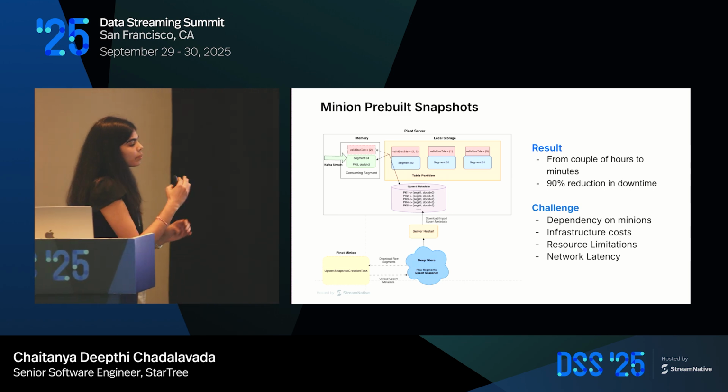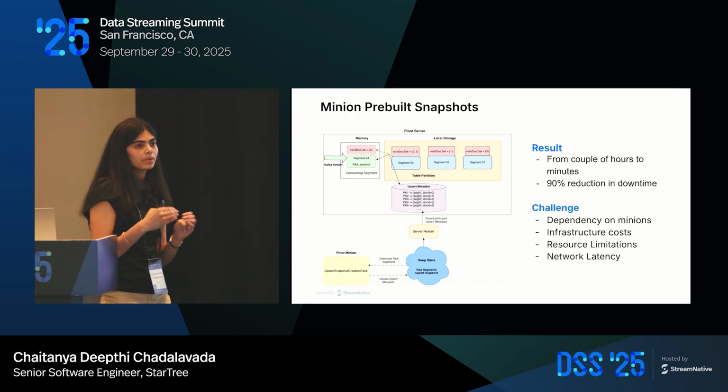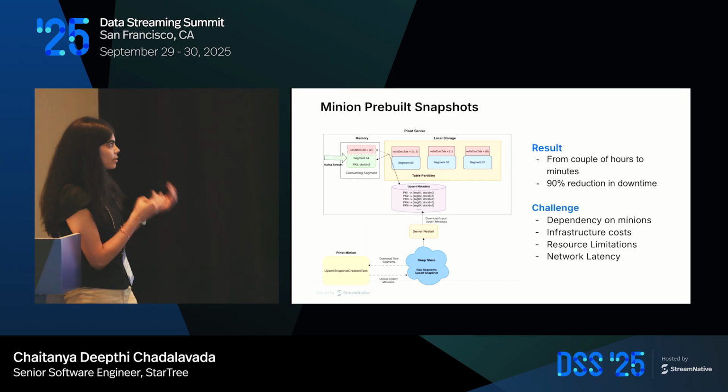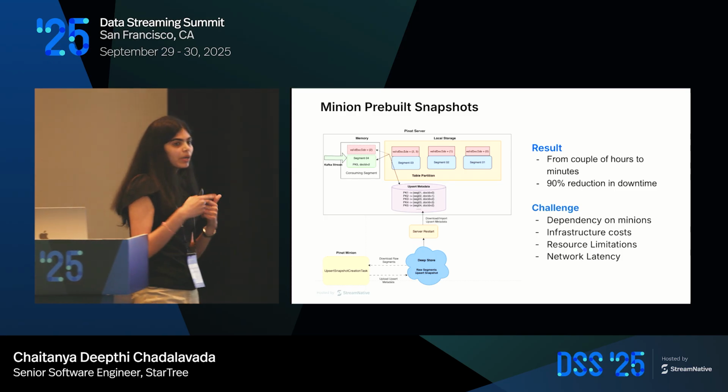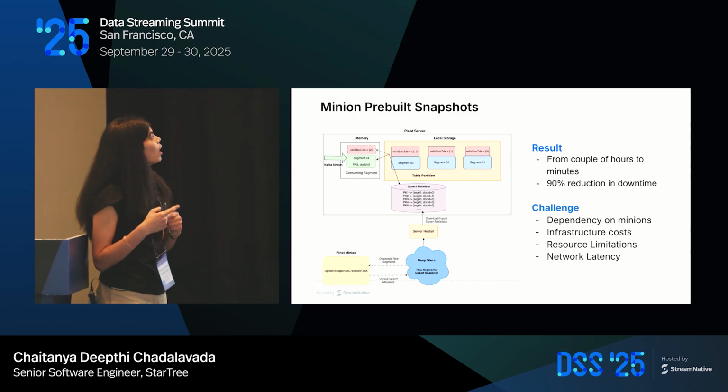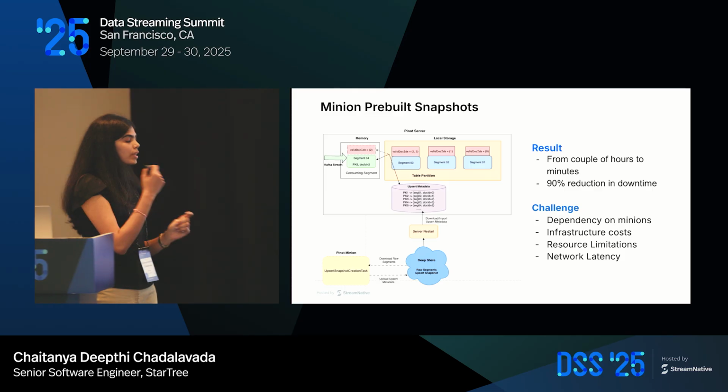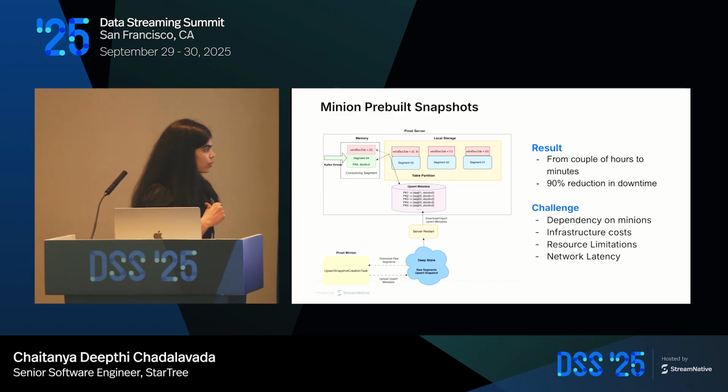As I mentioned before, minions are the components which we use for the background tasks. In this particular approach, that's the component that we used to periodically take the snapshots of metadata and store that metadata on deep store.